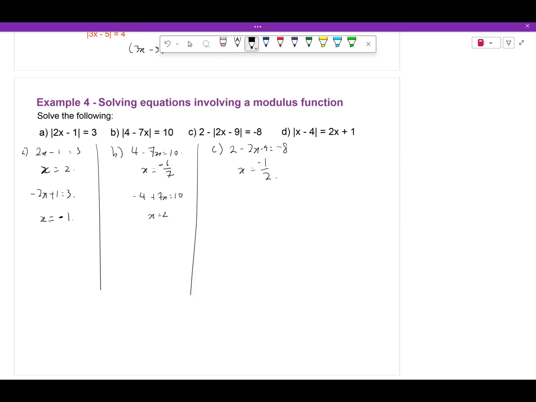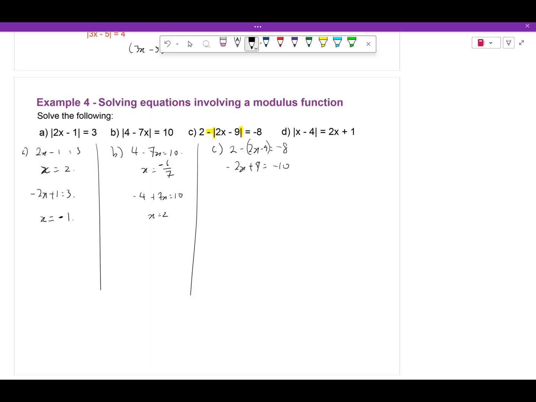Aha, I did something wrong. Whenever you are doing this, always remember to treat the modulus as a bracket, which is a common mistake. So I have to make sure I expand this, so that becomes a negative 10.